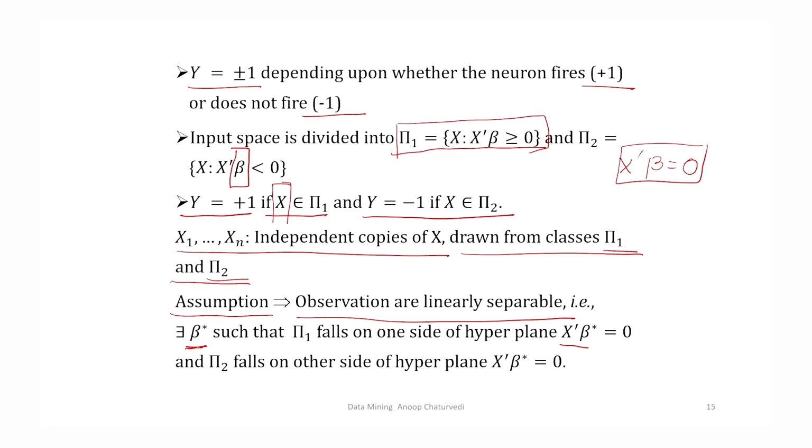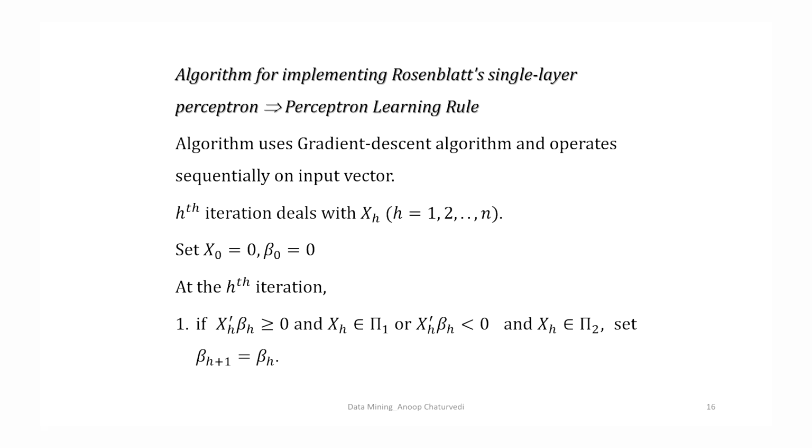So, if there exists a value of beta, say beta star, such that pi 1 falls on one side of the hyperplane x transpose beta star equal to 0 and pi 2 falls on the other side, then we say that these observations are linearly separable. So, basically you have to obtain such a beta or beta star.